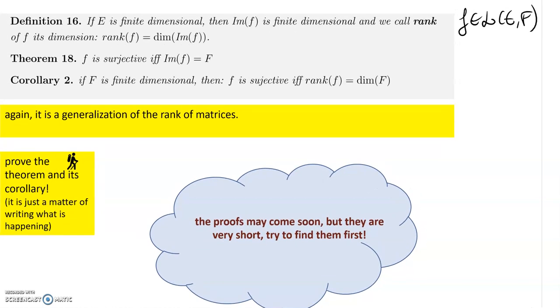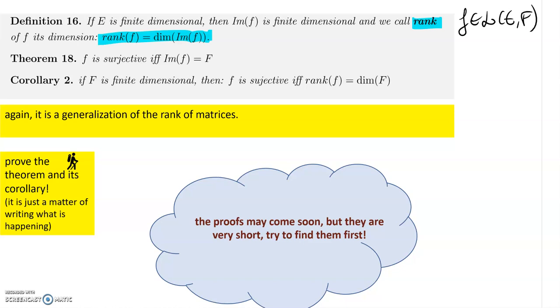So we're going to call the rank the dimension of the image of F. Of course, it's going to be finite dimensional because it's a subset of the space F. Okay, and it's really exactly the rank of a matrix that you used to know. It's the dimension of the column space.